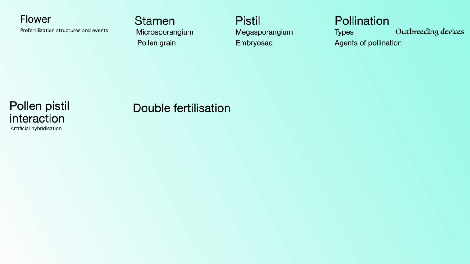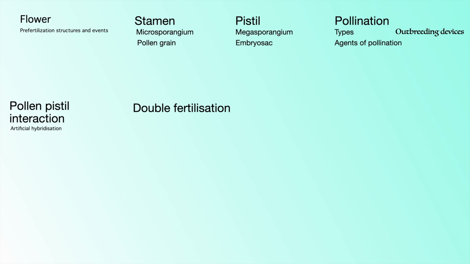And this fusion is called syngamy. The fusion results in the formation of a zygote. So the zygote is diploid and this further develops into the embryo. So one fertilization is over.